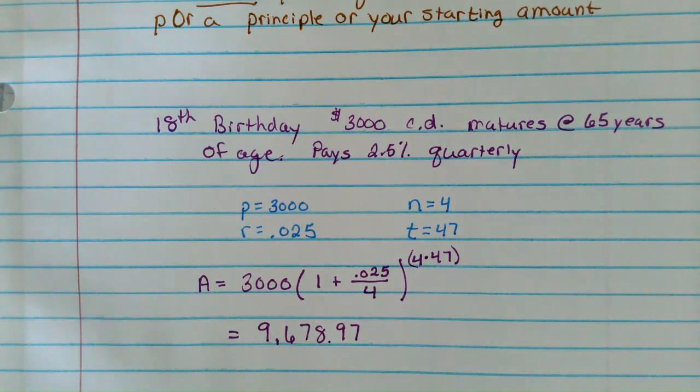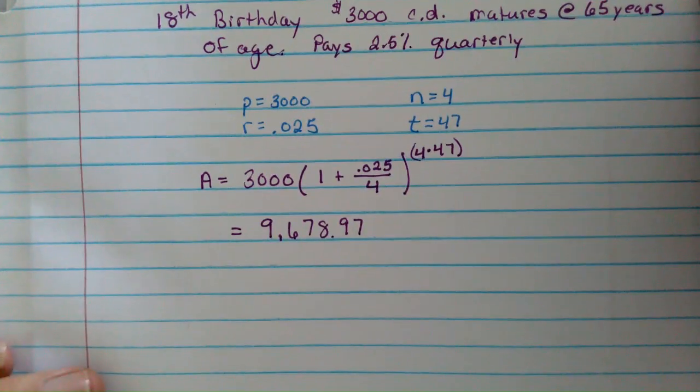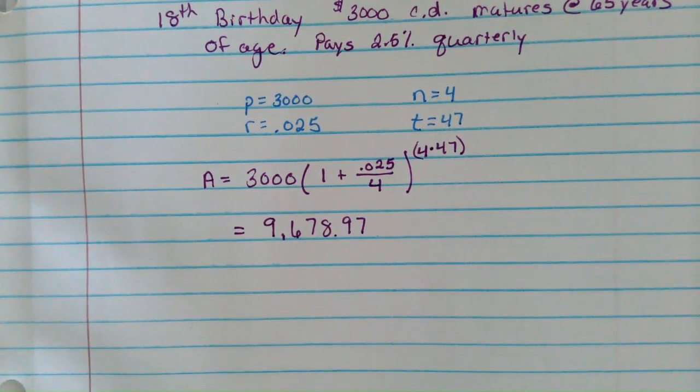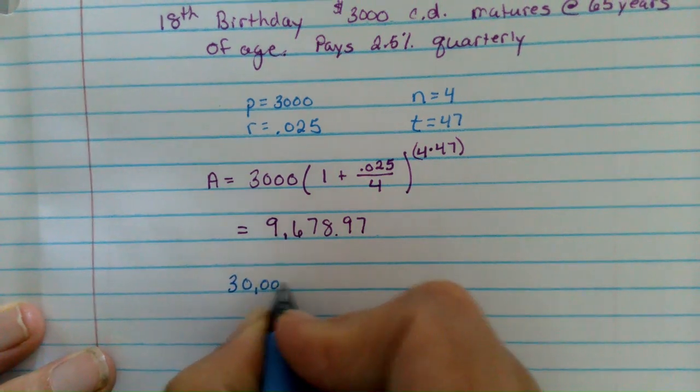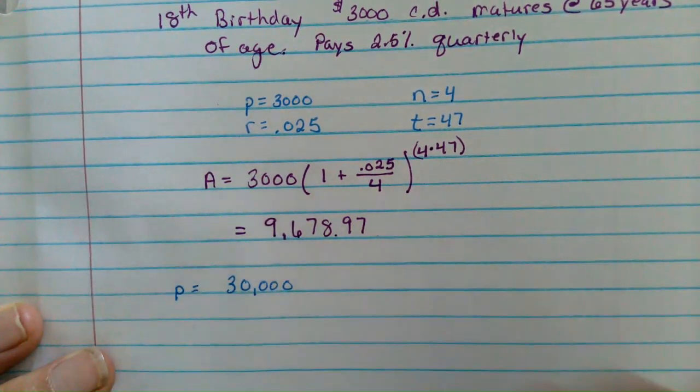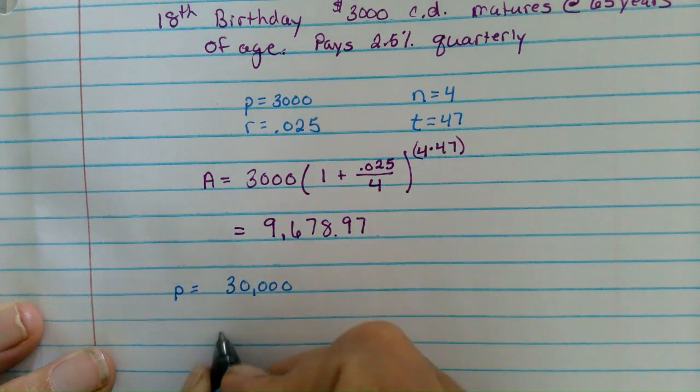So the money basically tripled. Had you started with a bigger value, let's say instead of 3,000 you started with 30,000, change that P to 30,000. Go back, type in 1 extra 0.